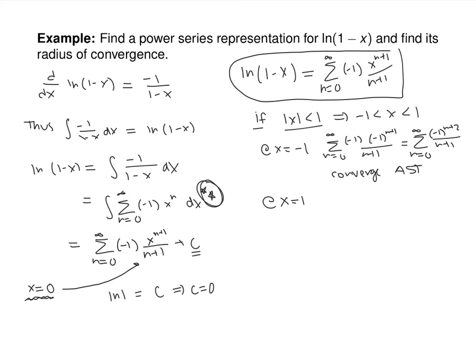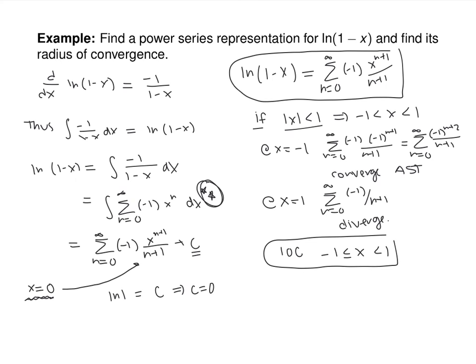At x = 1, we have the sum from n = 0 to infinity of -1 over n + 1. Since that numerator is just -1, not (-1)^n, this is going to diverge. It's just -1 times basically the harmonic series. So the interval of convergence here includes -1, but does not include positive 1.